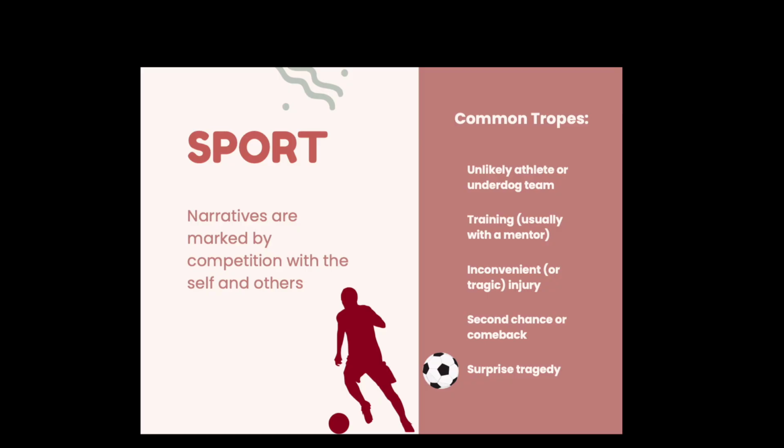Surprise tragedy does not always have to involve the characters who are attached to the actual sport. A surprise tragedy can also occur if someone in the main character's family or another team member's family happens to get sick or pass away in a way that is sudden and distracting.